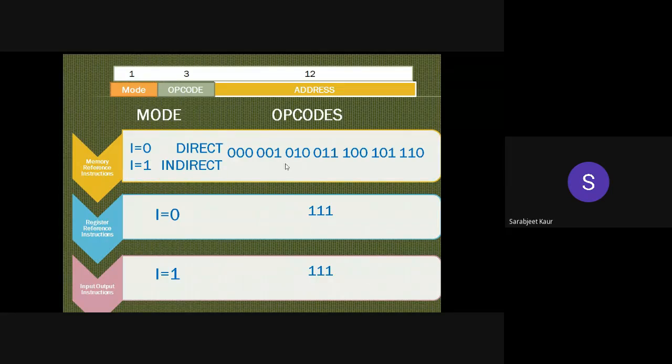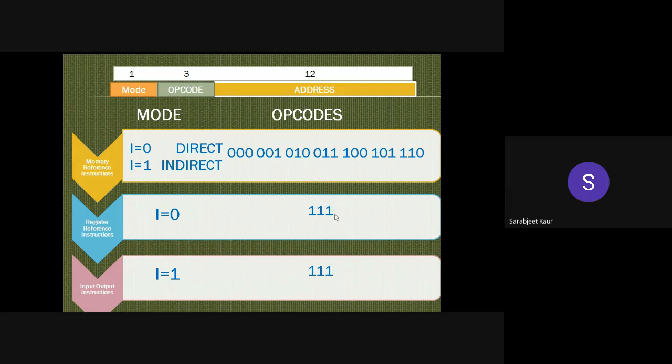Now, this is not to talk about current architectures, this is only to give you an introduction to architectures. We are just looking at the basic computer to absorb the concepts.